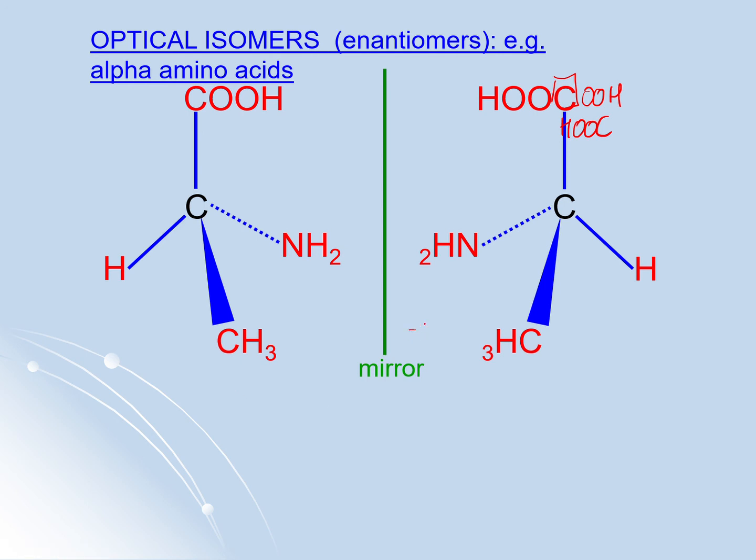The same would be true down here, where some people would write NH2 like that with the 2 bonded to that carbon, or the hydrogen bonded to that carbon. That's incorrect. It's the nitrogen that's bonded. So please, especially for A2 level, where they're going to be a bit more stringent in their marking, please bear that in mind.